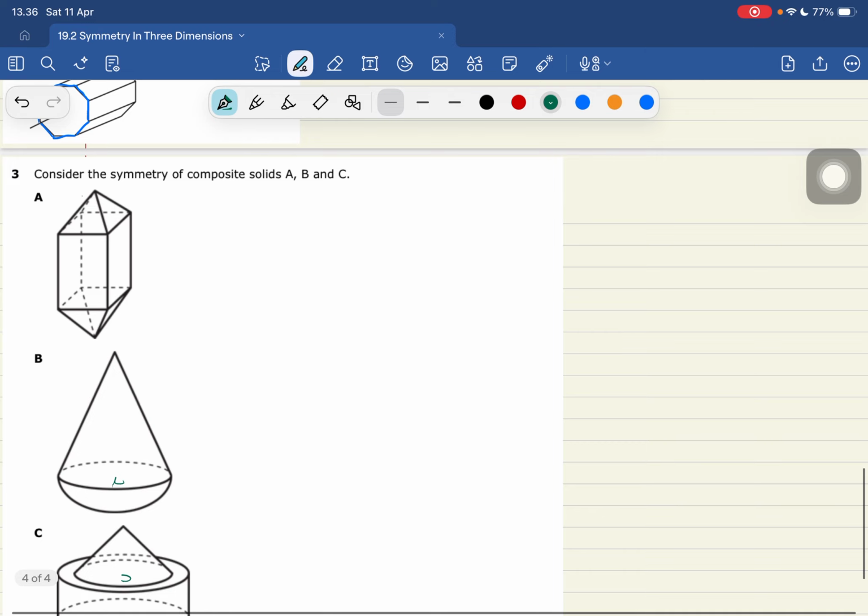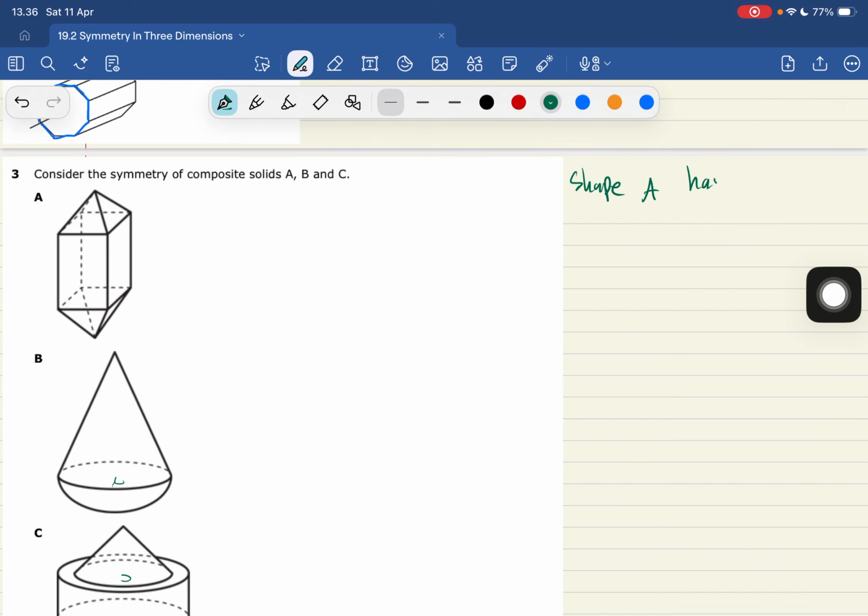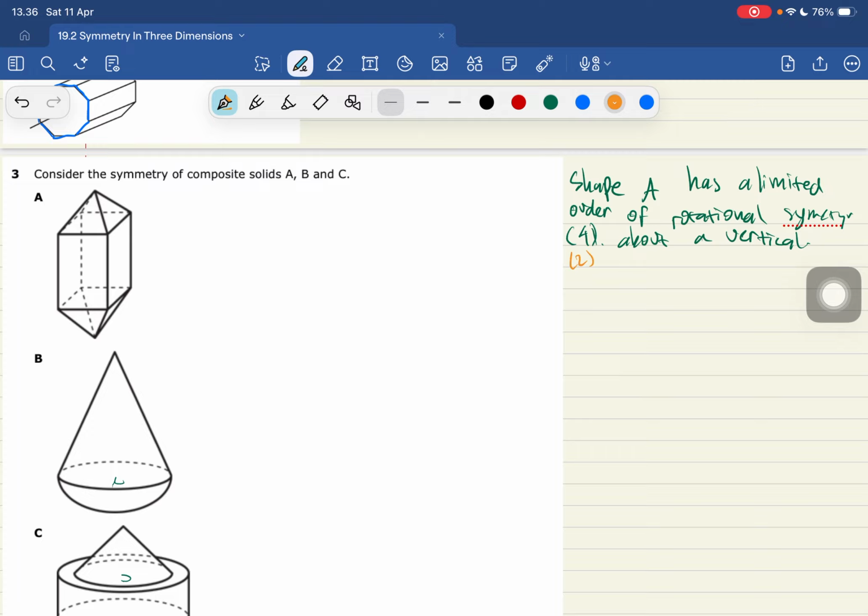So for A, let me write it here. Shape A has a limited order of rotational symmetry. It can be order 4 about the vertical axis, if we make it vertical, and then 2 about a horizontal axis.